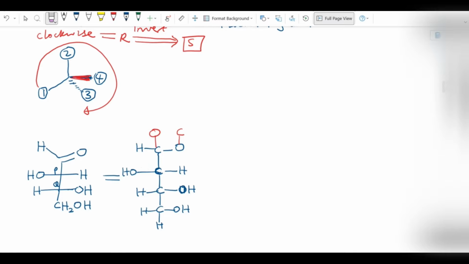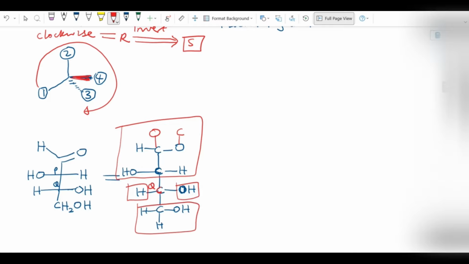So now we're interested in Q. We're interested in this particular chiral carbon. So this is the carbon we're interested in. Now there are 4 different groups on that carbon. We have this hydrogen, and we have this.